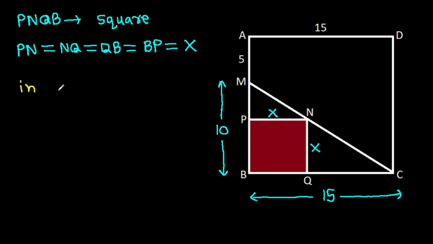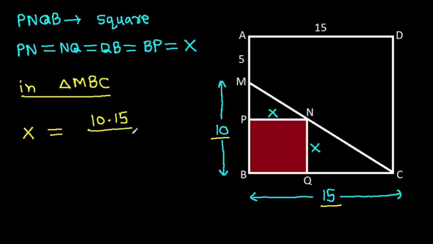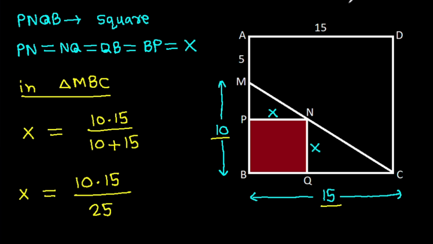Then in triangle MBC, x will be 10 times 15 over 10 plus 15, and x is 10 times 15 over 25. 5 times 5 is 25, 5 times 3 is 15, and 5 times 2 is 10.